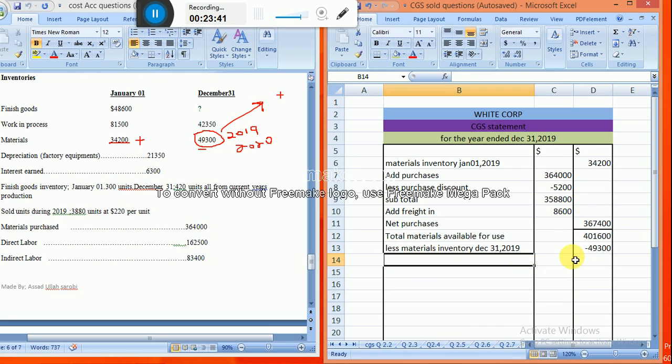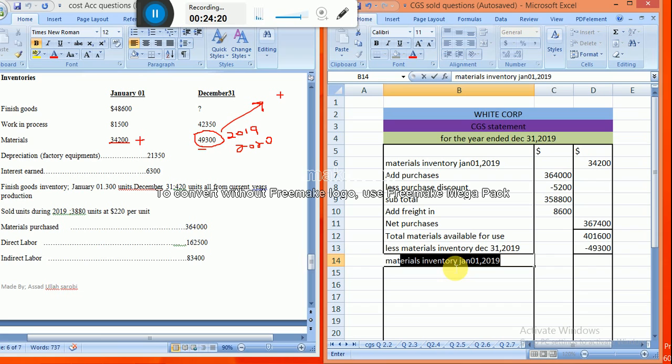So look at it, when total material was 4,16,000, and in this 4,16,000 we only have in the store now the 49,300 materials. So the difference between 4,16,000 and 49,300, that is the material cost. It means during the year 2019 we used the material. How much?